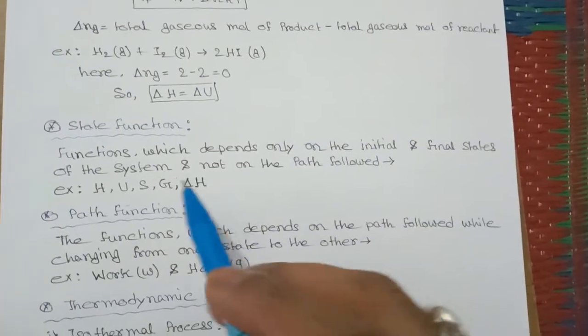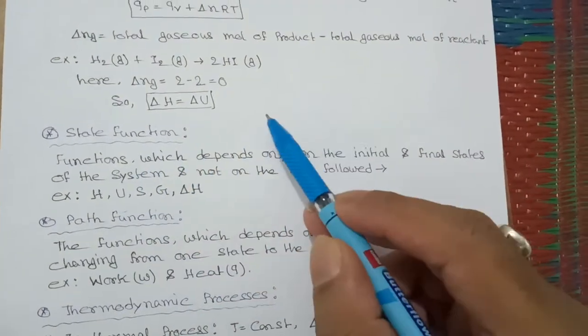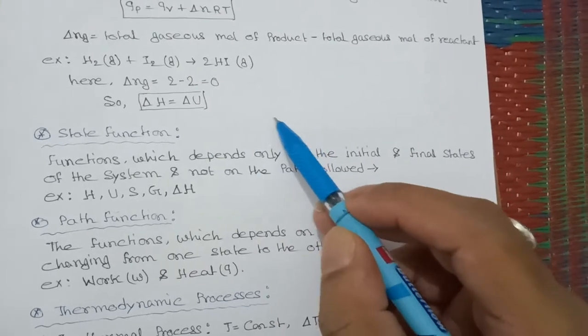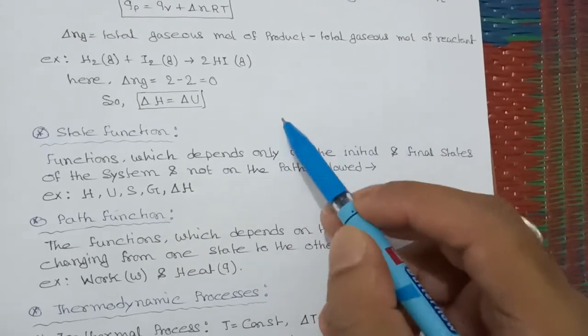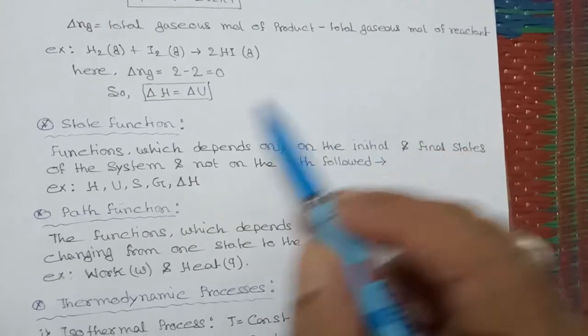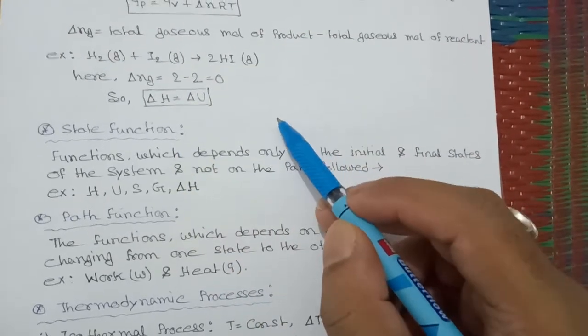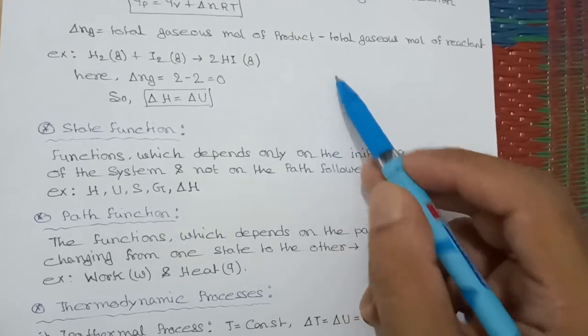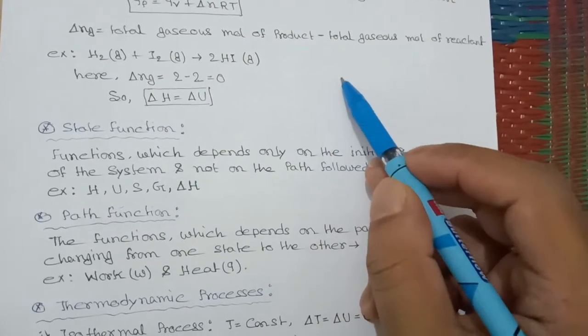So state function depends only on initial and final state. It does not depend on the path followed. You may go in this way or in this way or in this way. So state function only depends on initial and final state, and path function will depend on how you go.